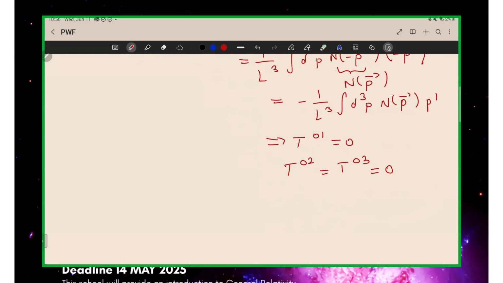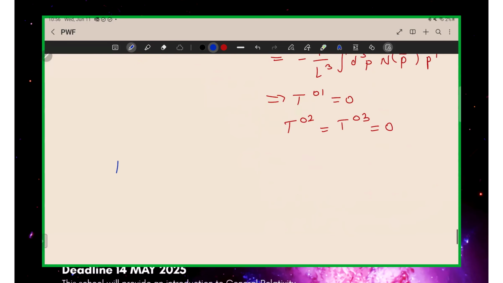If you use a similar argument, let me take specific cases like 1, 2, for example. That will give you the integral of P^1 P^2 over P^0. But you can again see that this integral should be 0.